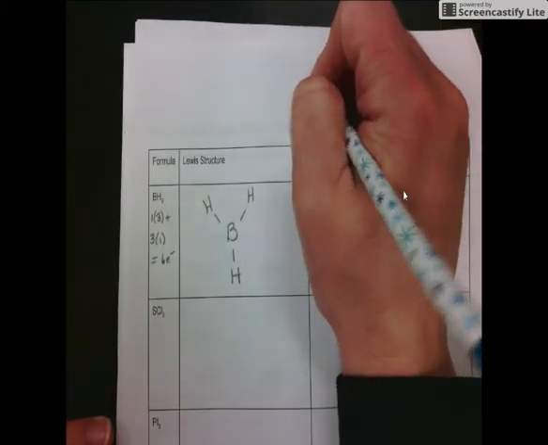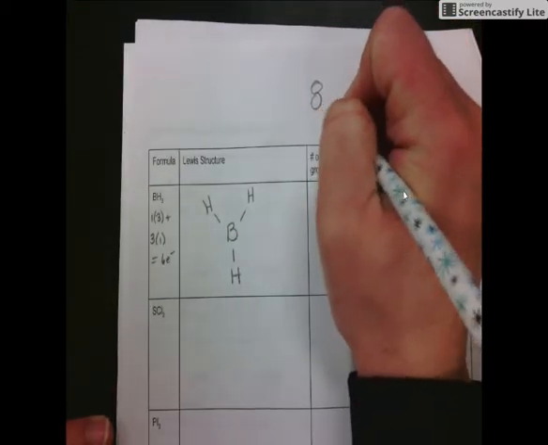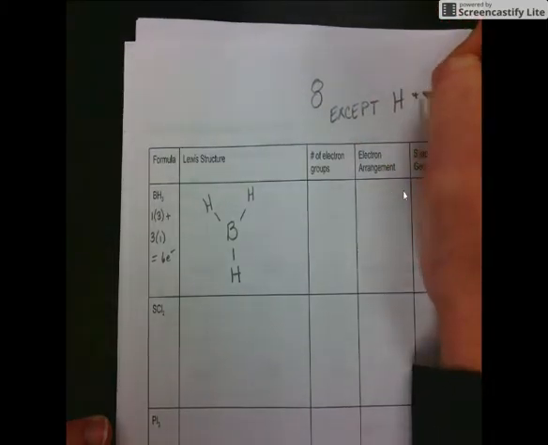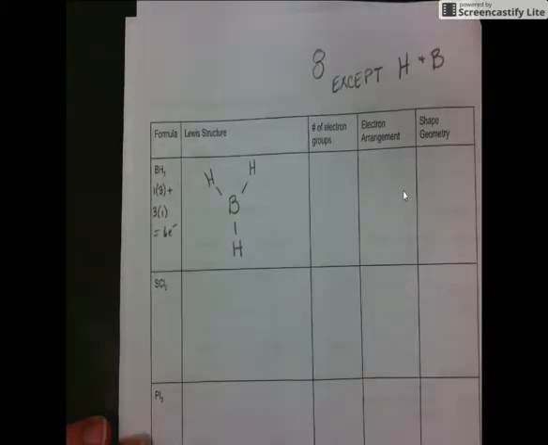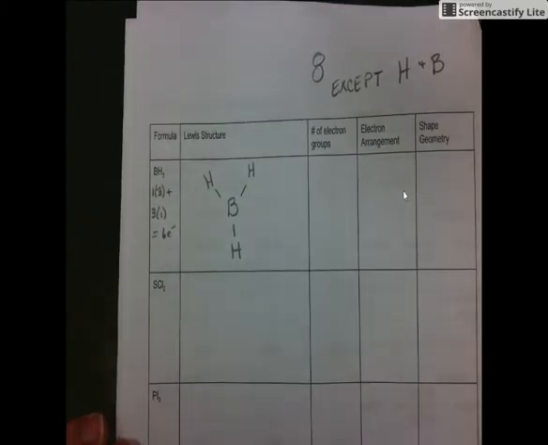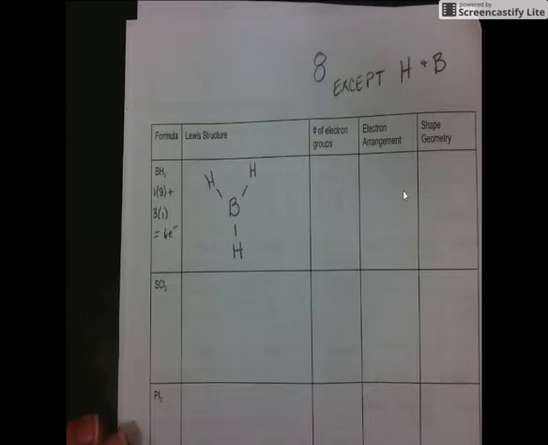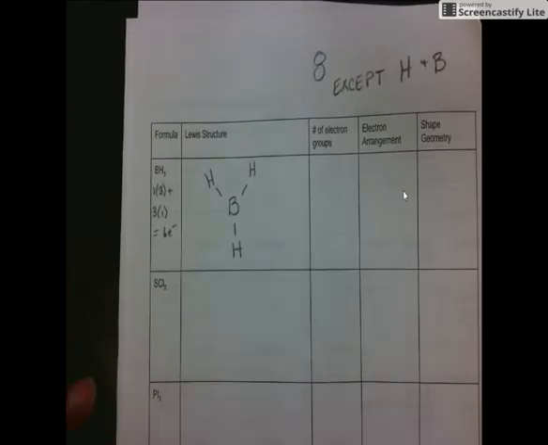So here we go. Everybody wants 8 except my hydrogen, and I'm going to add another one here, my boron. Okay, so he is actually happy. Boron we won't see too many times. So now this is the correct Lewis structure.